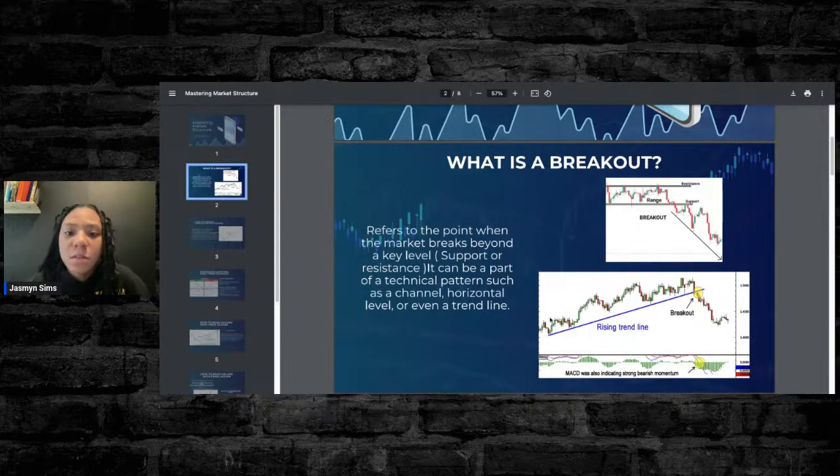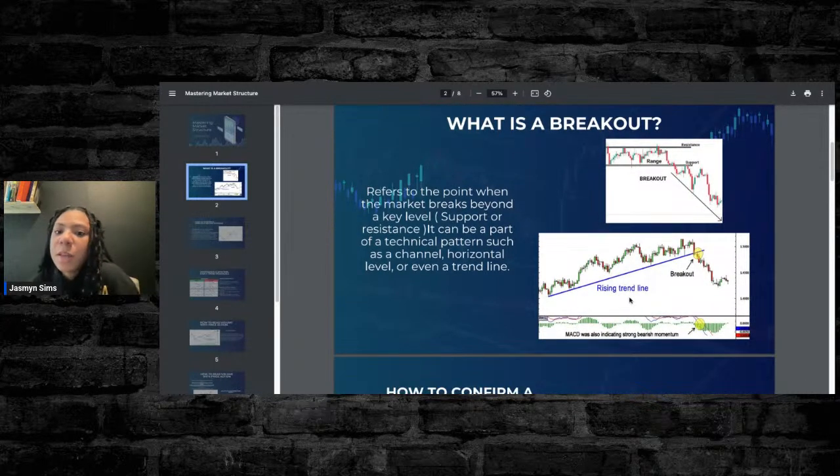And then in this second example right here, this is just going to be a rising trend line, which equates to an uptrend. So obviously everything is going up. They're obviously higher highs. So just like we discussed 2 weeks ago, here's a high, and then this next high right here is higher than the previous high, and so on and so forth.